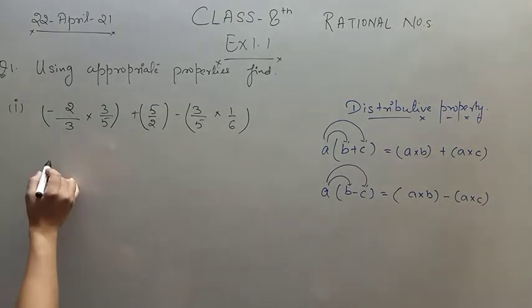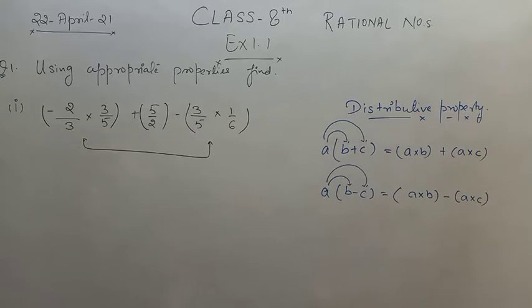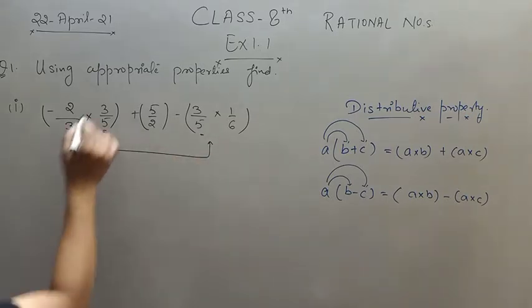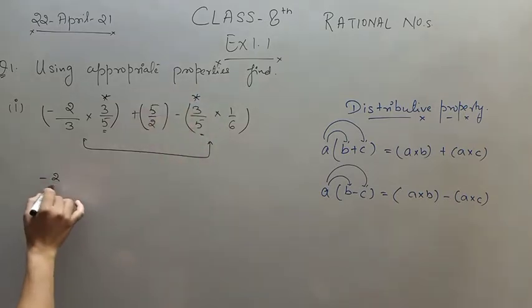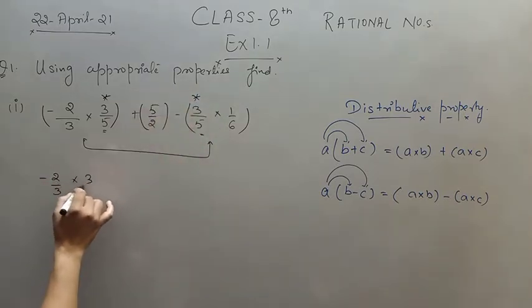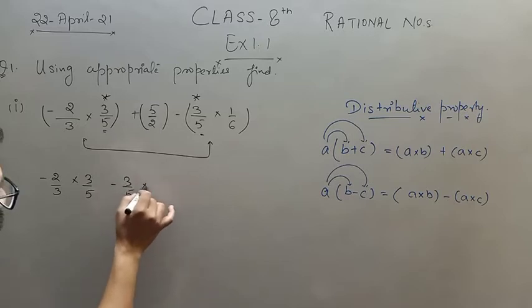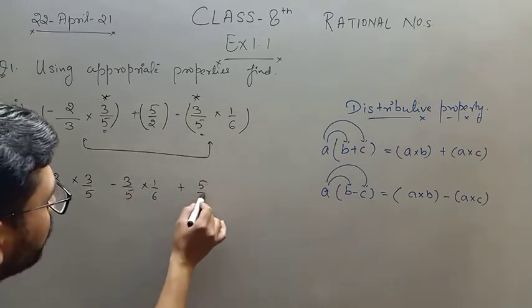Okay, so what I'm going to do is I'm just clubbing these two values, and the reason behind is 3 by 5, 3 by 5 is given here and here. So minus 2 upon 3 into 3 upon 5 minus 3 upon 5 into 1 upon 6 plus 5 upon 2.